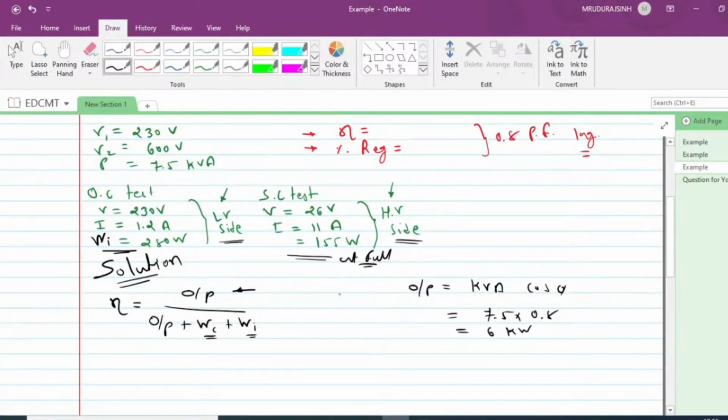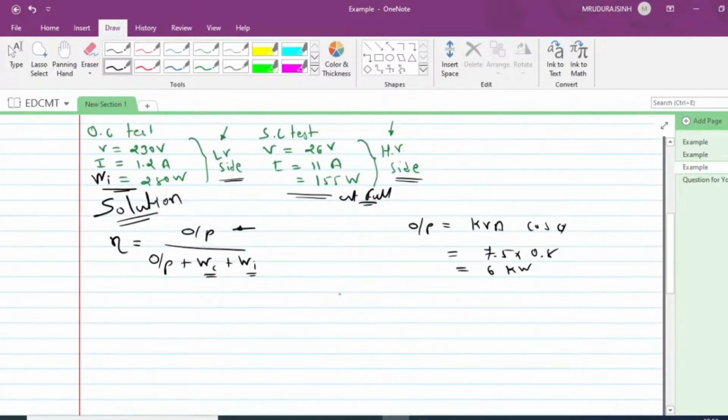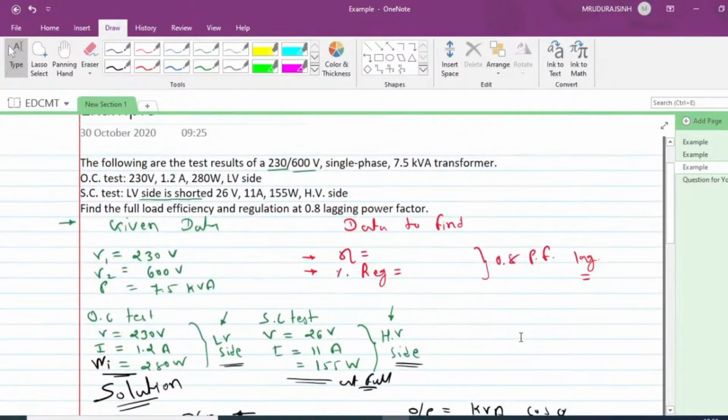So how can we do this? For this, first of all, we need to calculate the full load current. So for full load current, kVA is equal to V1 I1. So I1 is equal to kVA rating, which is 7.5 kVA, so 7500 VA divided by the primary voltage, that is 230 volt, right?